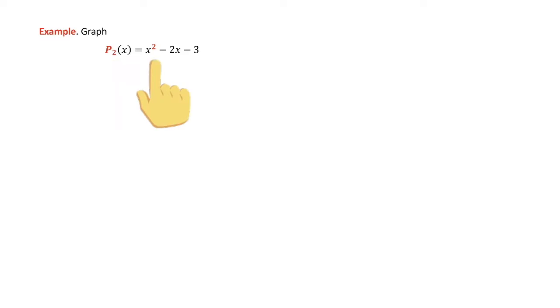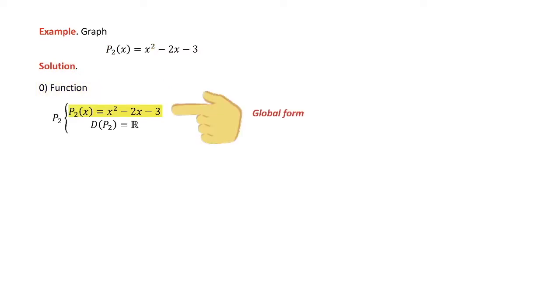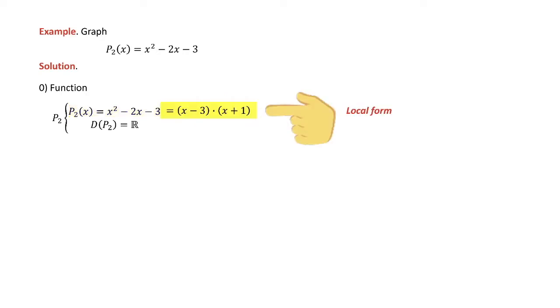So it'll be a quadratic. Let's look at it. I'm looking at the function, and I'm going to look at the global form. Here it is. And you'll see the distinction. But I also want to be able to factor this. Now again, generally this is a problem. This is a huge problem. So I want the global form and what I'm going to call the local form, the factored form.